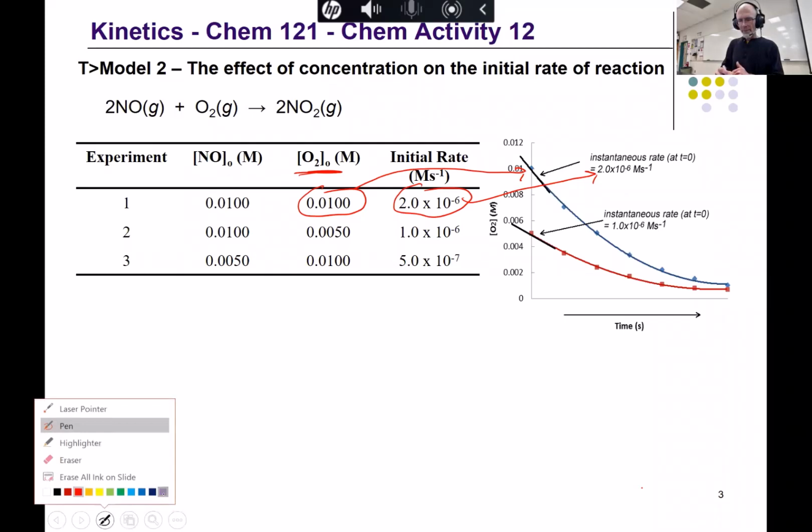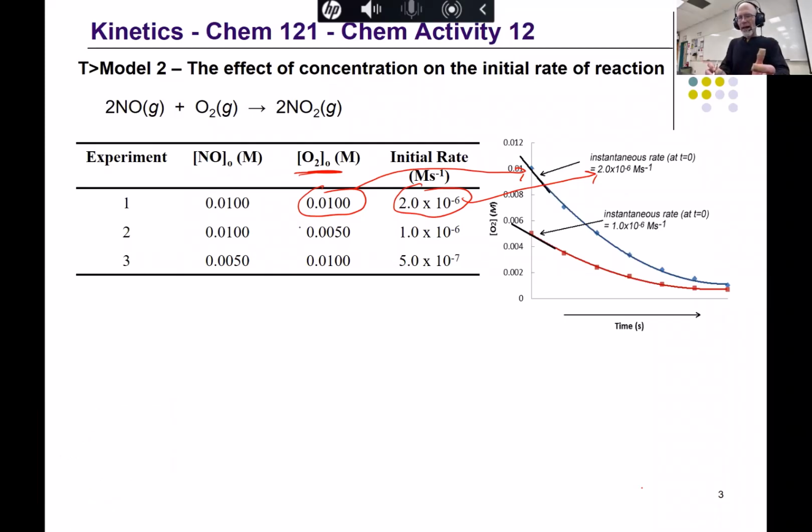Or let us say we have the concentration of the oxygen gas. And of course, that corresponds to that point right there. And here is that initial rate. Now, there are two reactants.